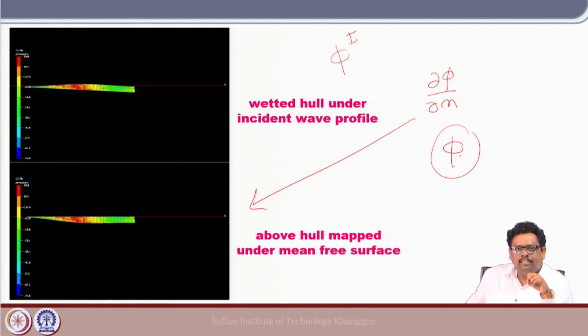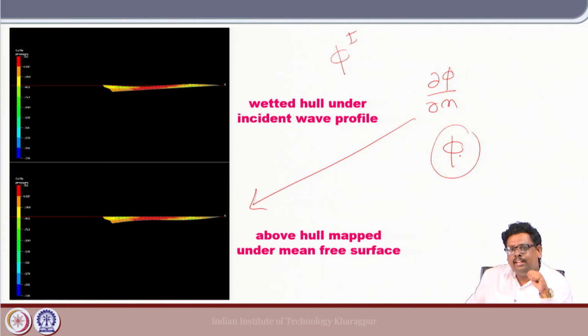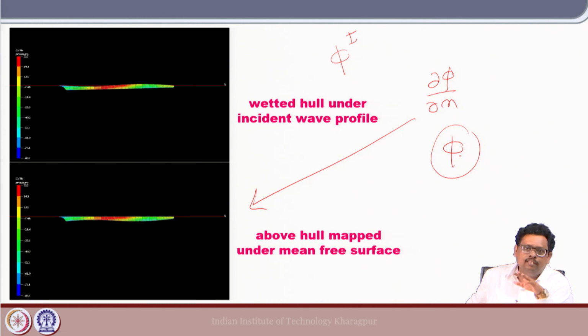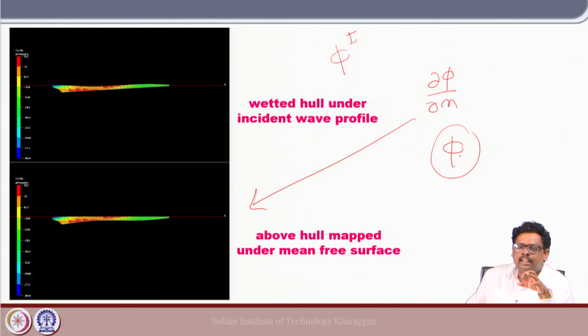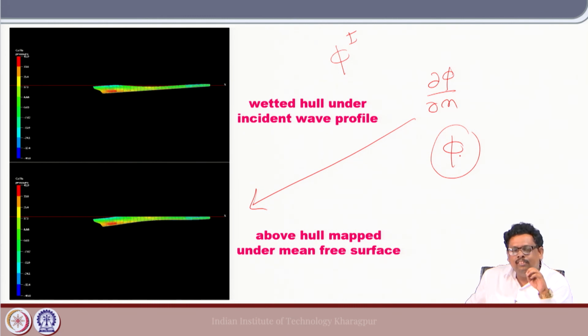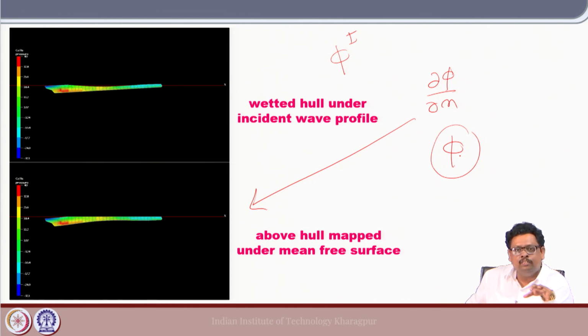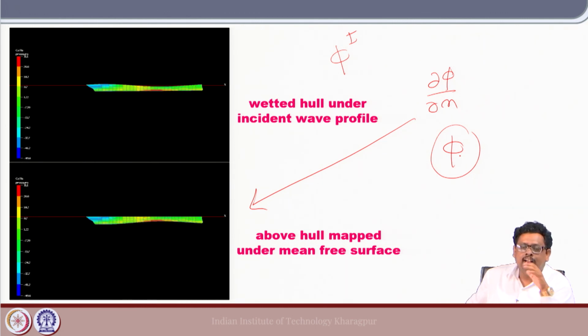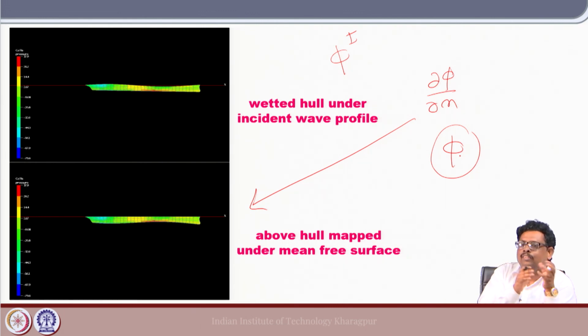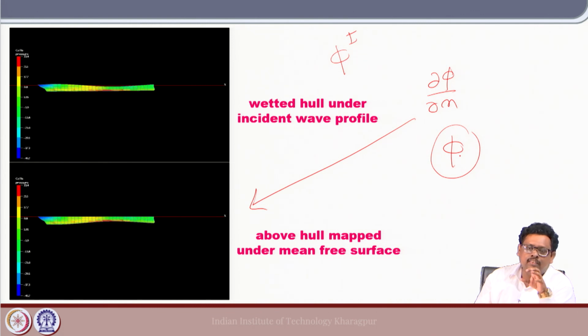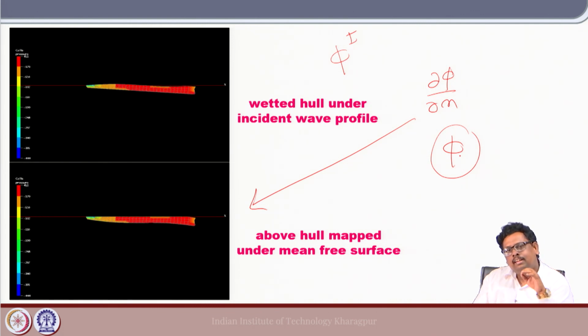Now, from the next class onwards we are focusing on level 2.5, and at that time we are going to discuss very elaborately how to calculate the Froude-Krylov force on the exact weighted surface, how to calculate the body boundary condition on the weighted surface, not the mean free surface, how to incorporate all these things, and why and where this level 2.5 is different from level 2 and level 3, what the advantage is and everything we are going to discuss in the next class.